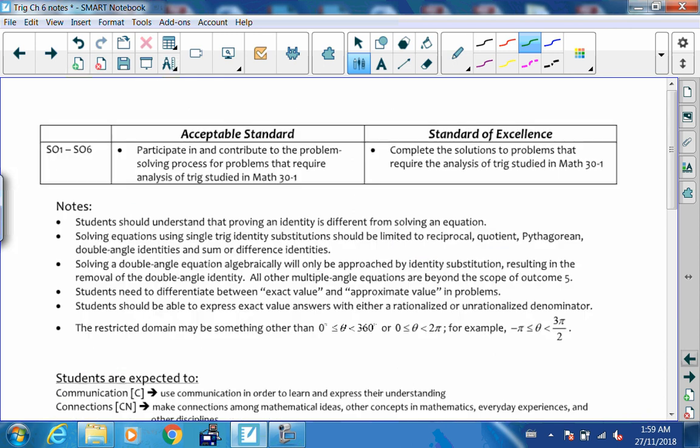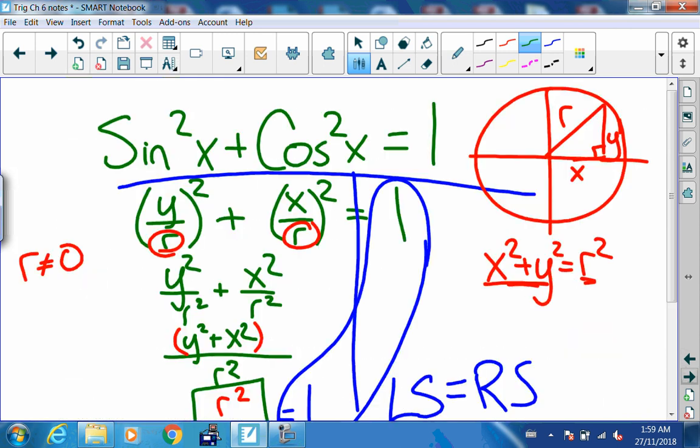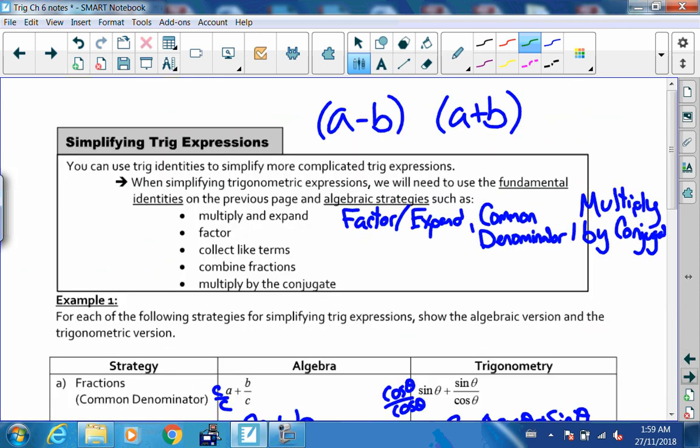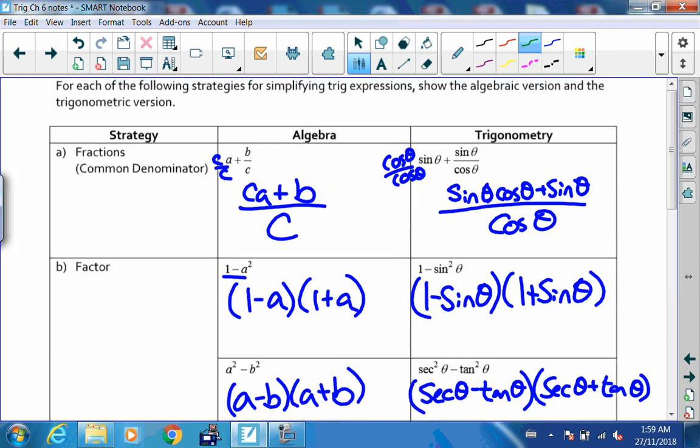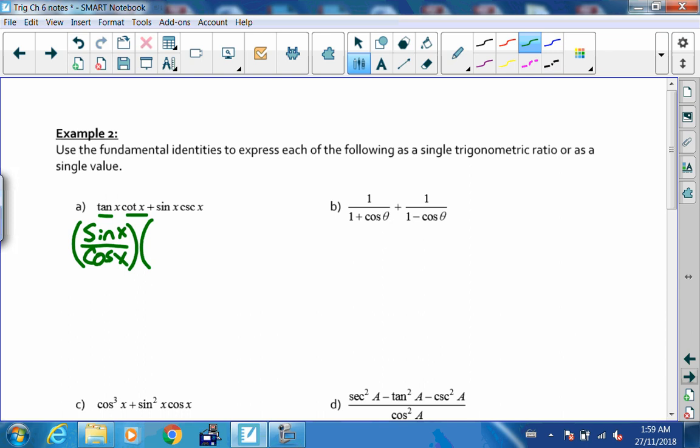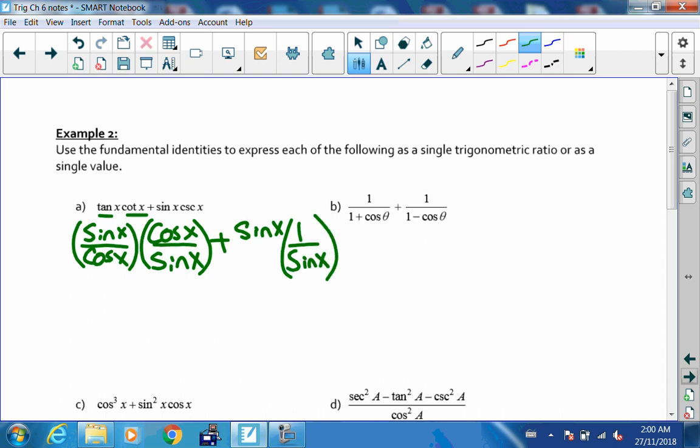And there's no single way of doing this, which is one of the things that makes it hard, is that you could solve the same thing like 4 different ways, and they would all be right. So that's something to get used to. Cotan is then cosine of x over sine of x plus, now this is sine of x, and then cosecant of x is 1 over sine of x.